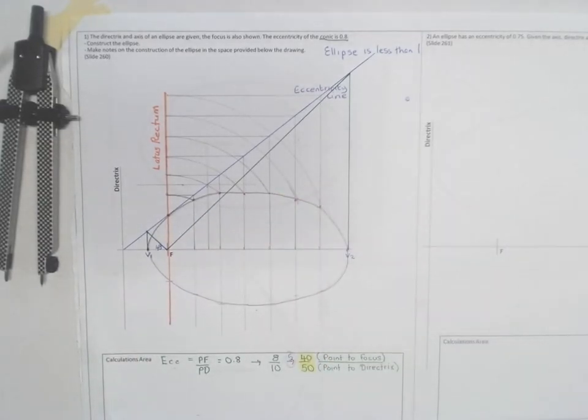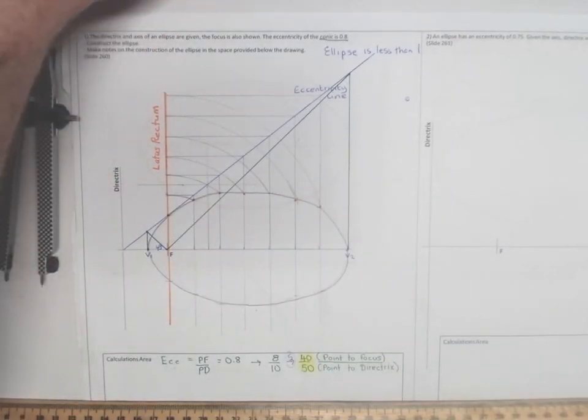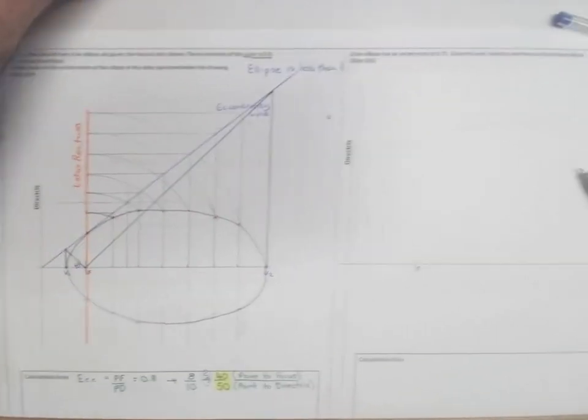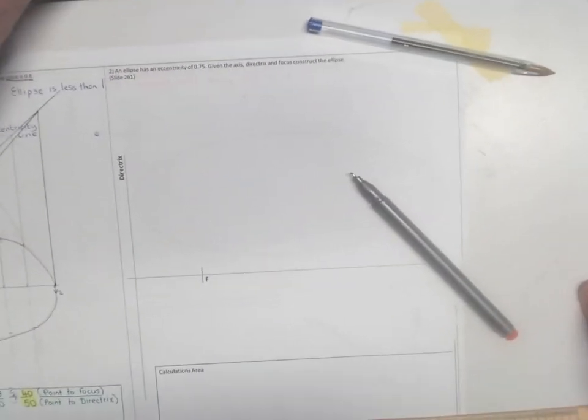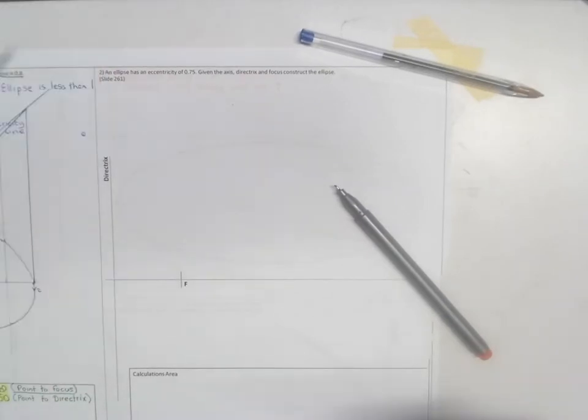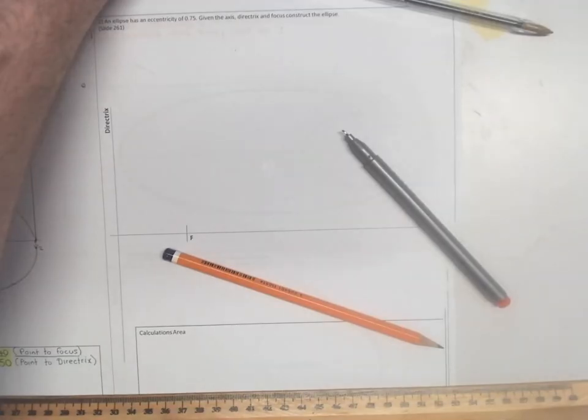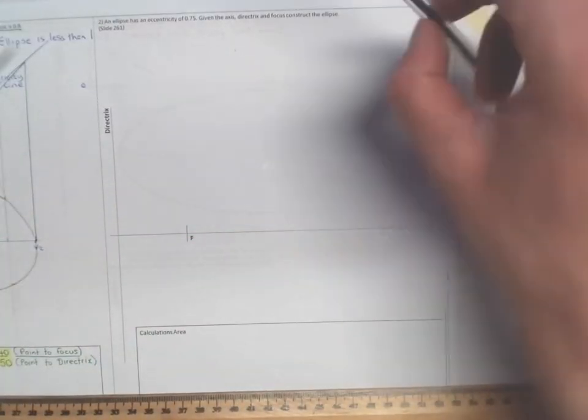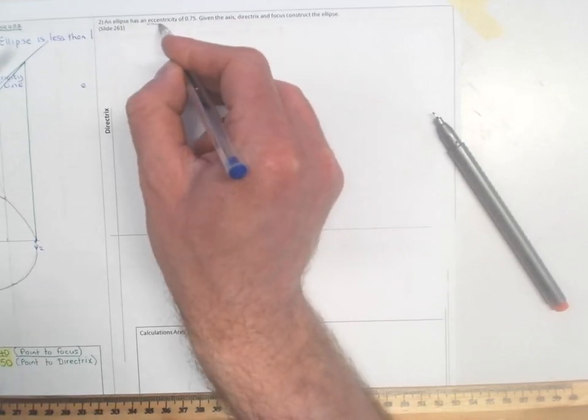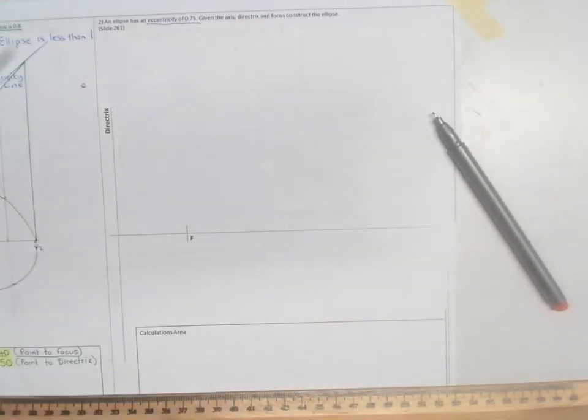Okay, so question 2 now. I'm not going to do this, but we're just going to get you started. It is the very same process. This time the question's ECC is 0.75.